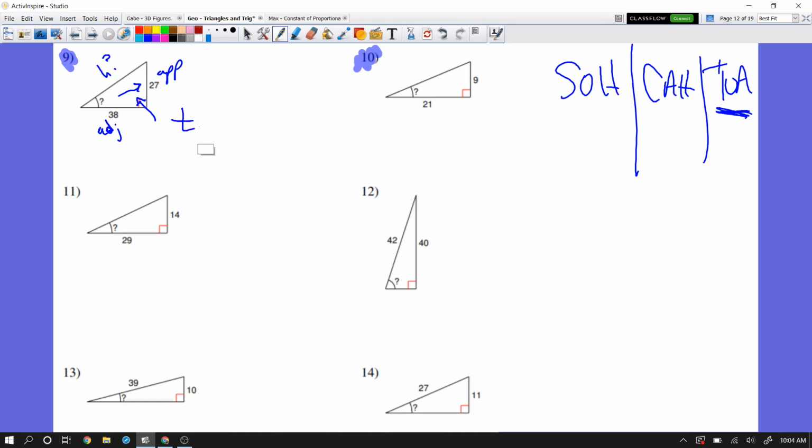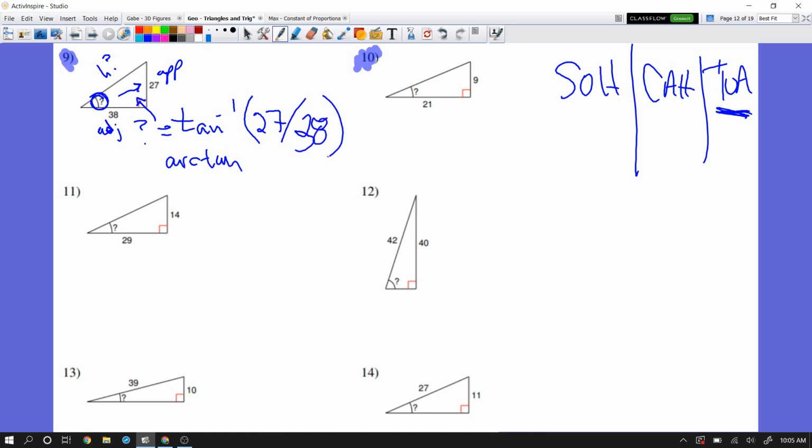So what this could look like is tangent to the negative first, or arc tangent. I'm going to stick with tangent to the negative 1 because arc tangent is the same. And we're going to have our question mark, which is right here, equal tangent to the negative first, and we have opposite 27 over 38.